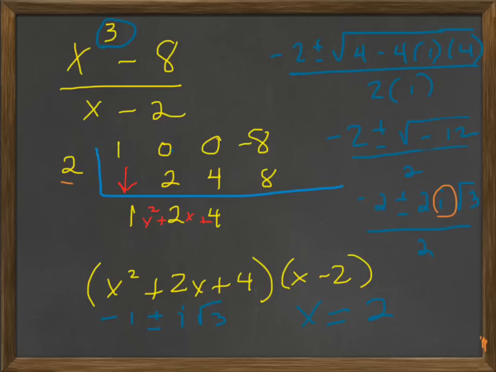Simplifying this, we can divide each of the terms by 2 to give us negative 1 plus or minus i square root of 3. There's our other 2 roots.